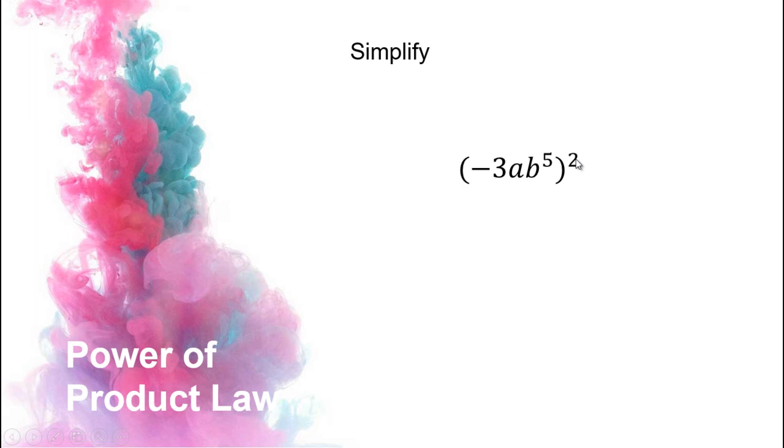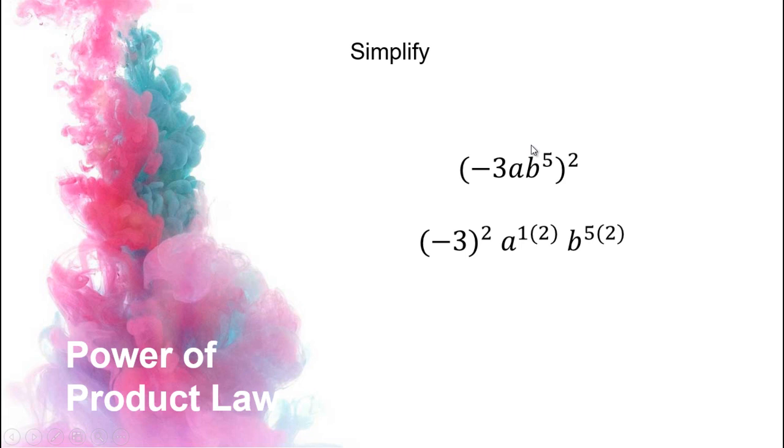Here, there are many factors inside the parentheses, and the 2 must be distributed to each factor in the expression inside the parentheses. So, for the negative 3, we raise it to 2, and we have to enclose negative 3 inside the parentheses so that it is negative 3 multiplied by itself.